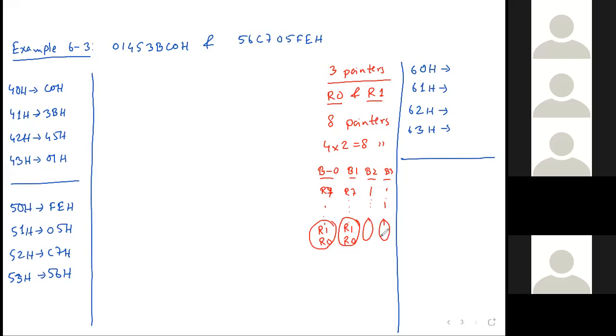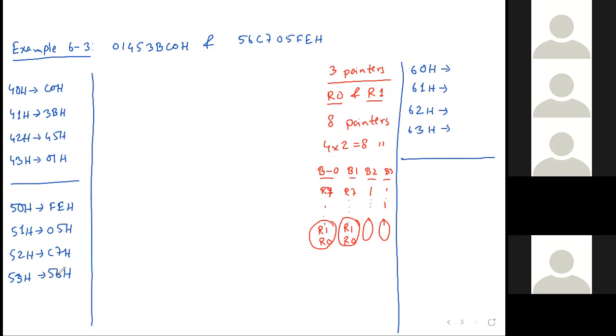Yes, sir. All right. Now we need only 3 pointers. So how will you manage the 3 pointers? I mean, which 3 pointers will you use? Sir, I think it will be R0 of B1, B2, and B3.